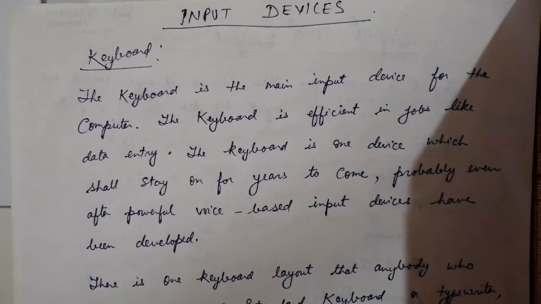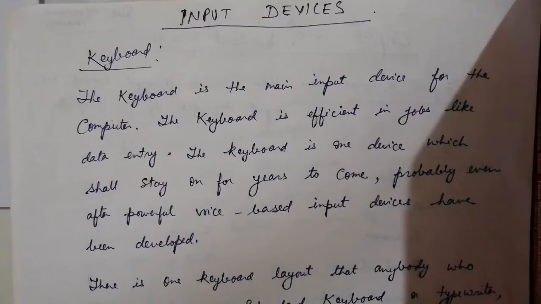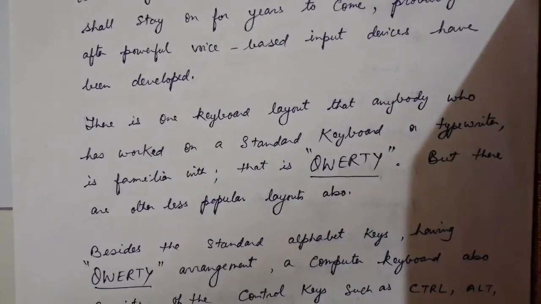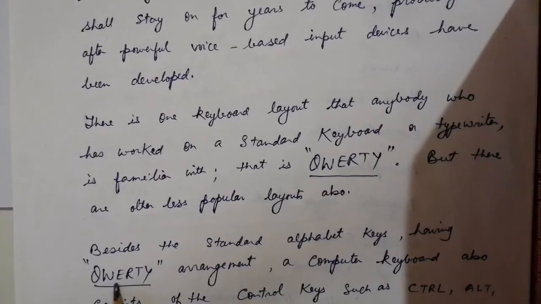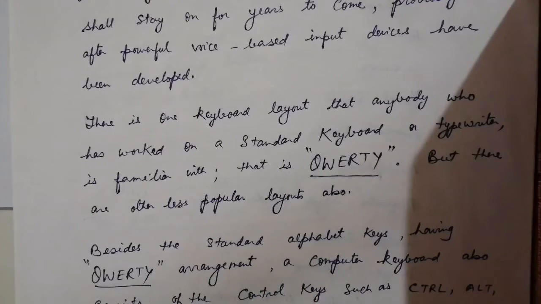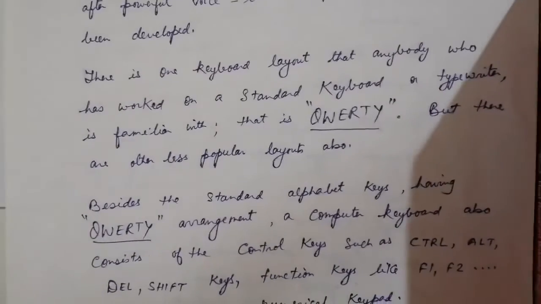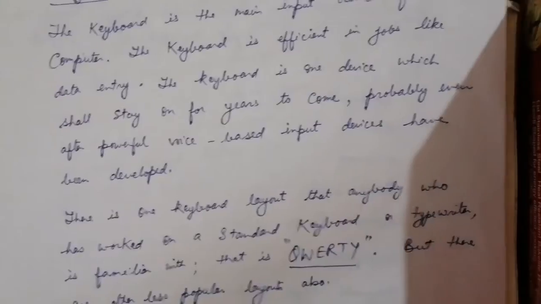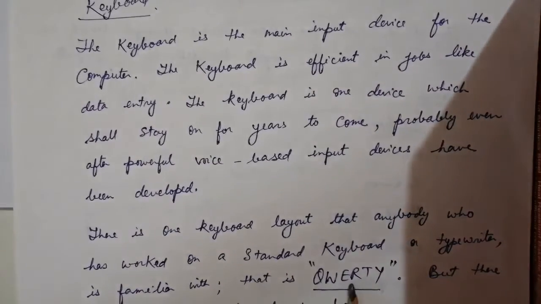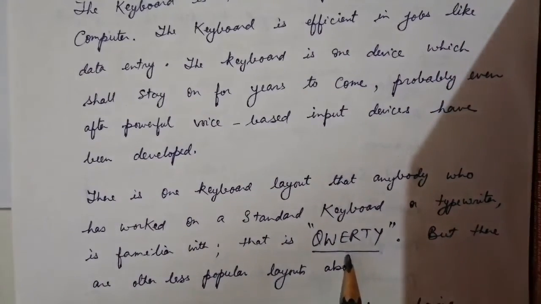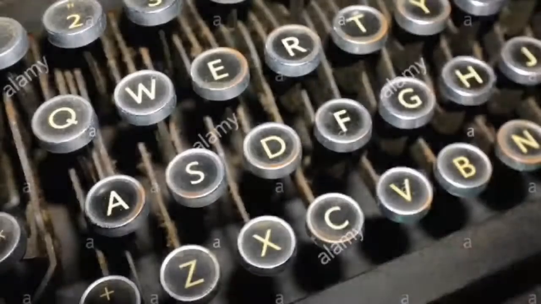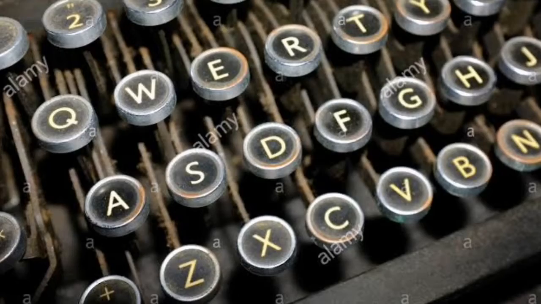It has a key layout. Which layout does it follow? It follows the QWERTY layout. Here it is written that it follows QWERTY arrangement of keys, and this QWERTY is inherited from the typewriter keys.